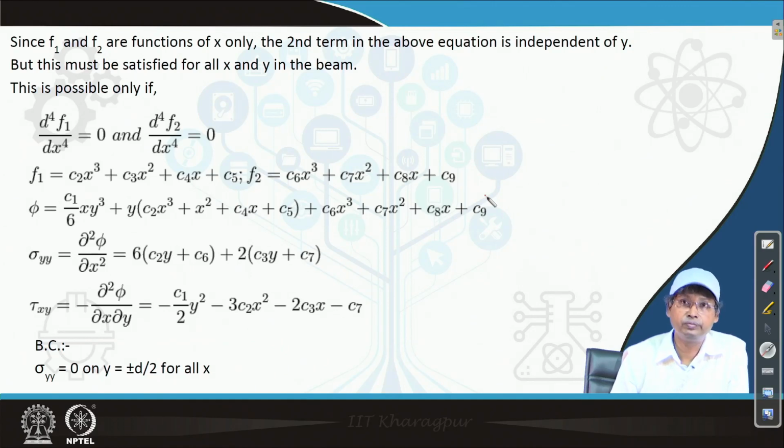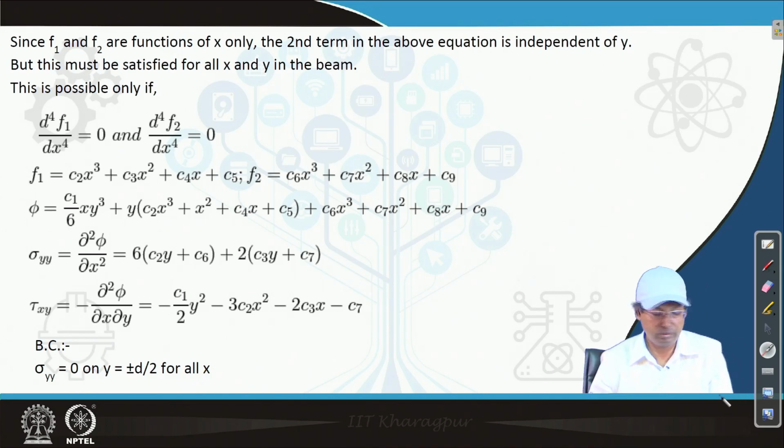We need to put the boundary conditions, but with these constants in place we can find the expressions for sigma y y and tau x y. Those expressions are quite obvious as shown here, and we try to put the boundary condition. This boundary condition is interesting. Sigma y is 0 at y equals plus minus d by 2 for all x.